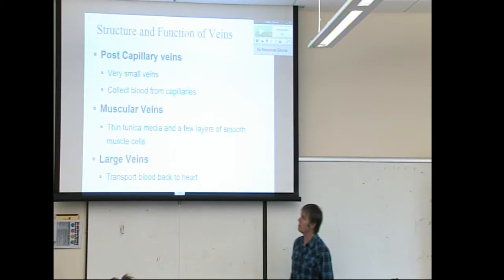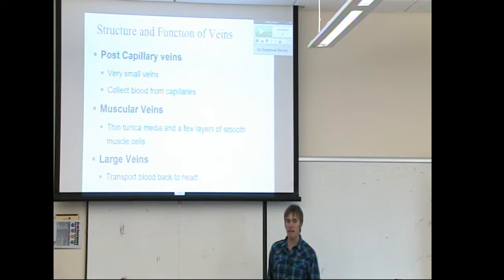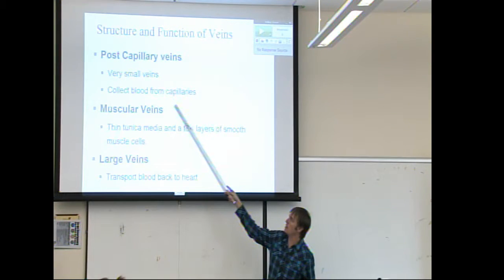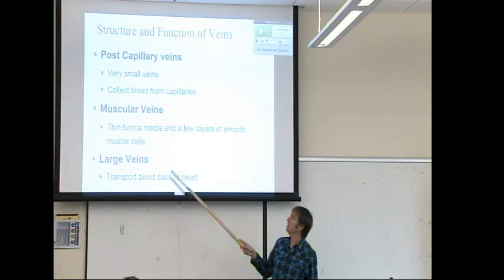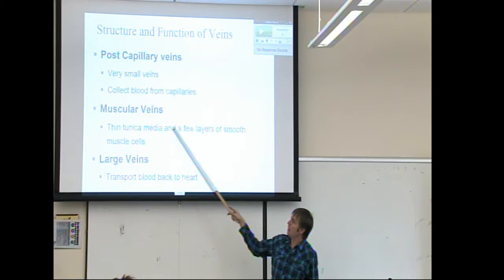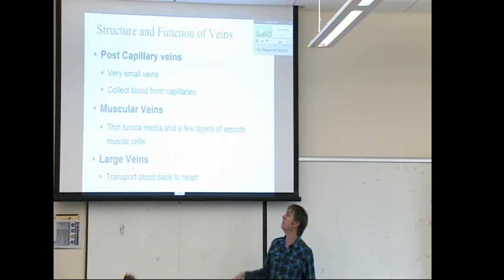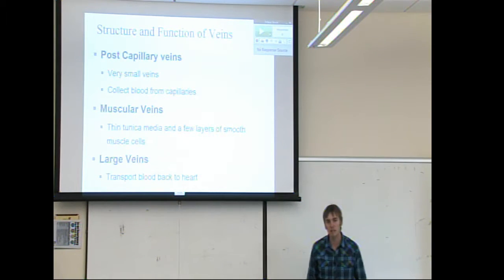So it's kind of interesting the different structures that the types of veins have. First, the very small ones, they just kind of collect the blood. The muscular veins are able to change size.